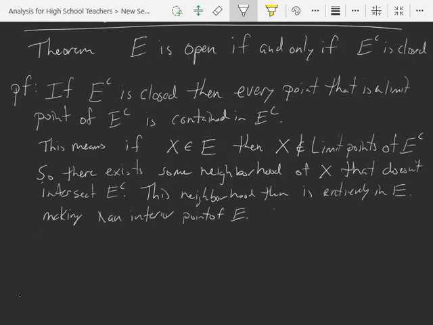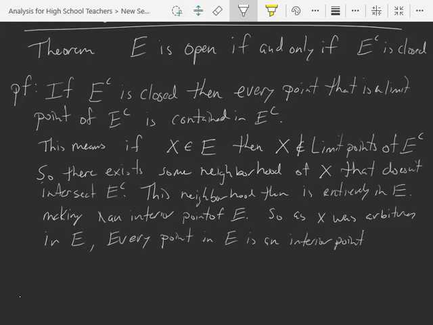Okay. So, as x was arbitrary in E, every point in E is an interior point, making E open.